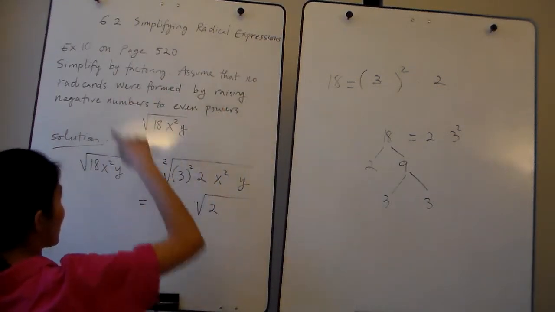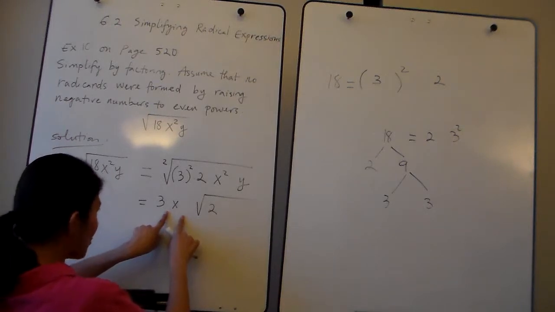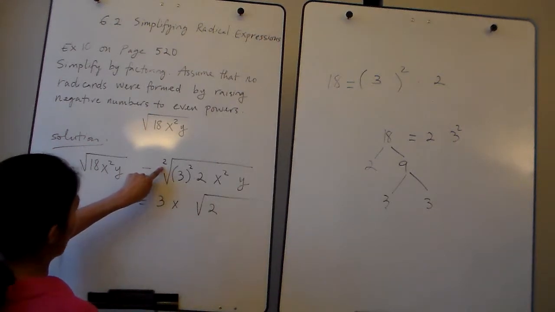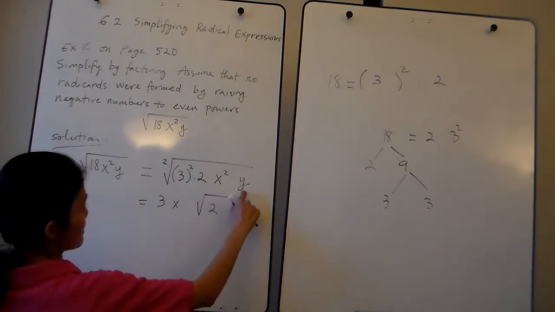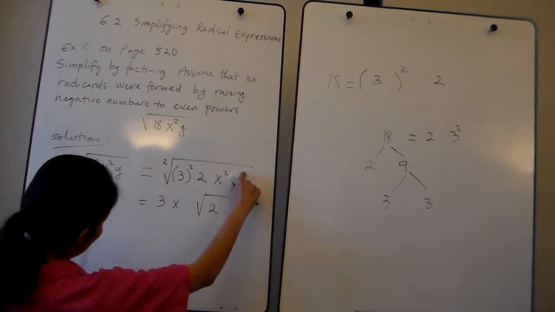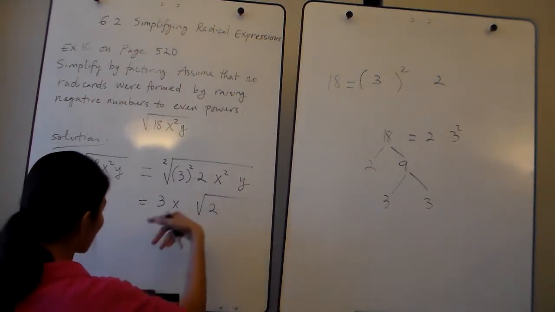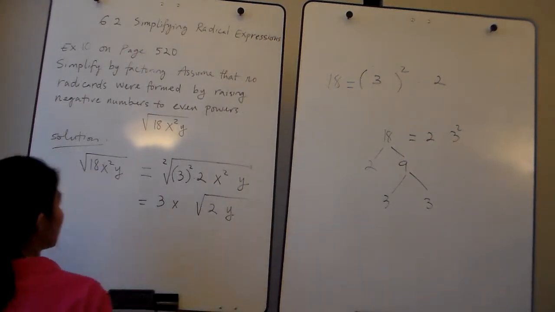If I didn't have this statement here, you must put the absolute value of the variable when simplifying an even root, like this k equal 2, okay? So the remaining is y, right? And the y variable does not have 2 as the exponent, so you cannot take y outside the square root. So y stays inside the square root.